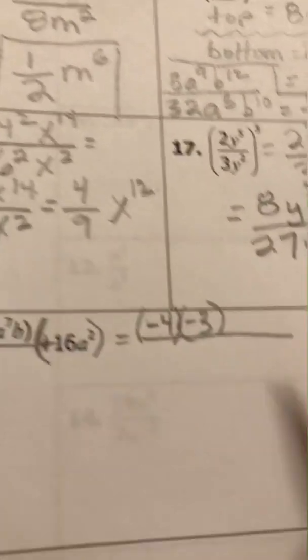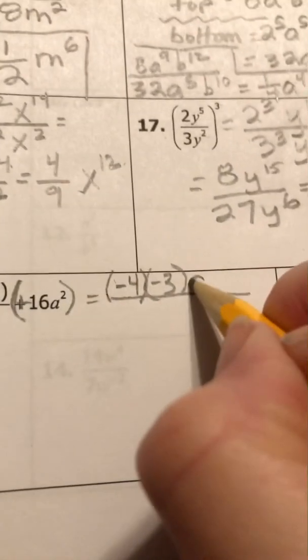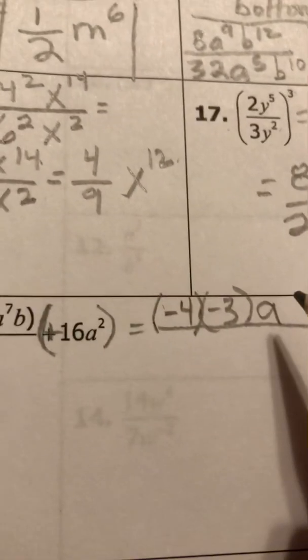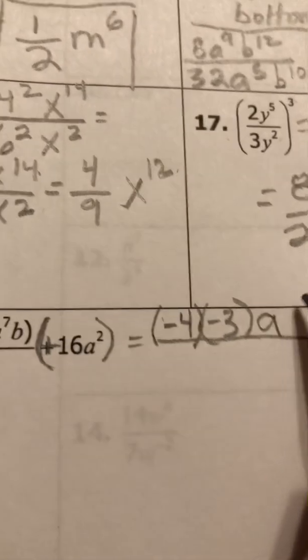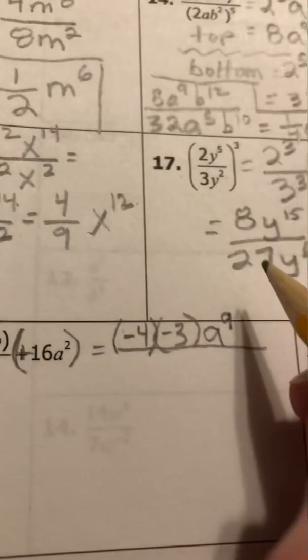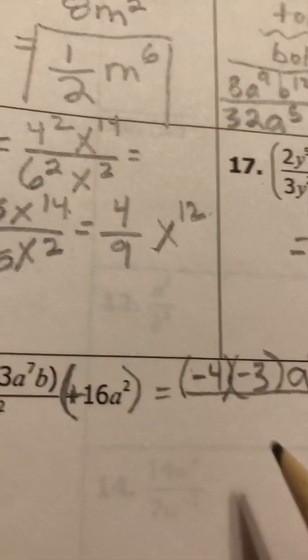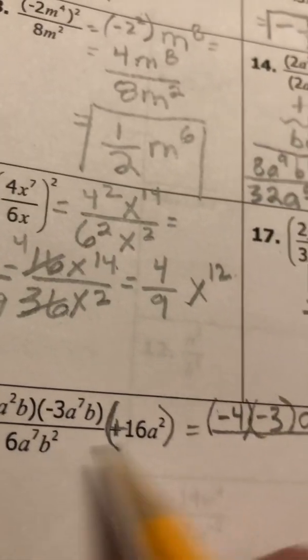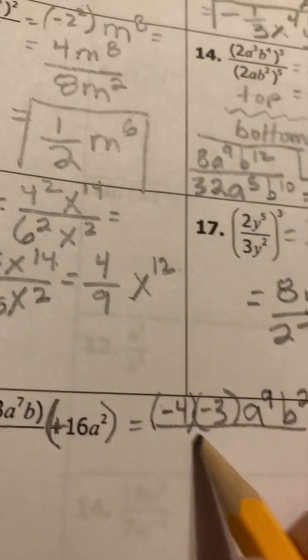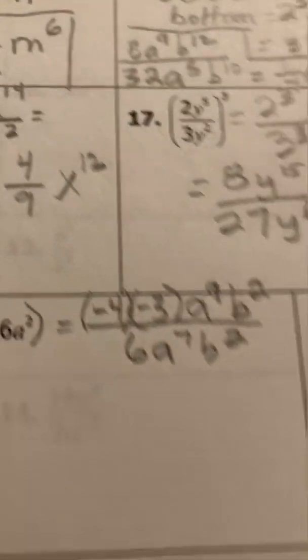If you like it better, we can put that in parentheses. And then I can do these calculations, it is going to be a to the 9th, because I have my 2 and my 7, and then I have b squared. And on the bottom, I'm going to end up with that same. So I'm just going to rewrite that 6, a to the 7th, b squared.